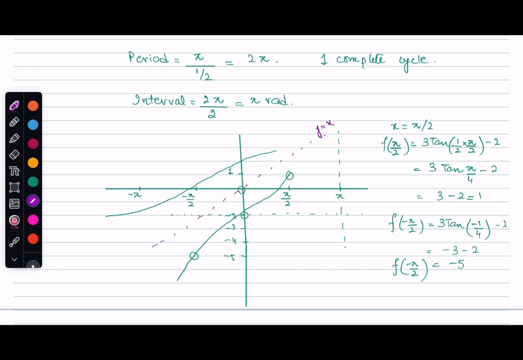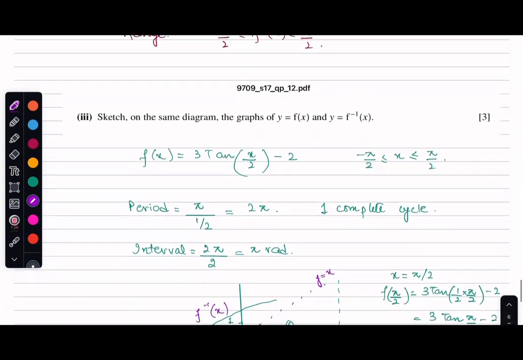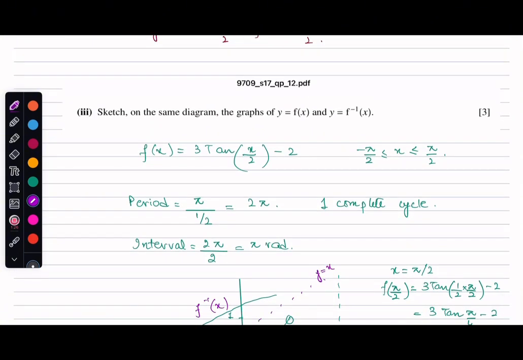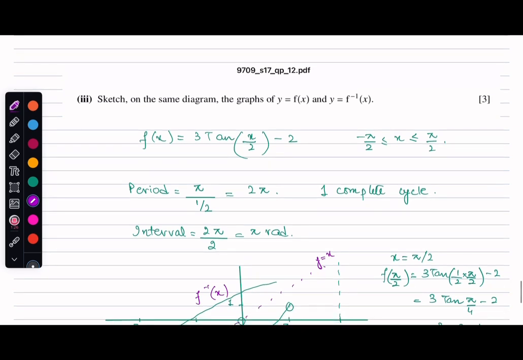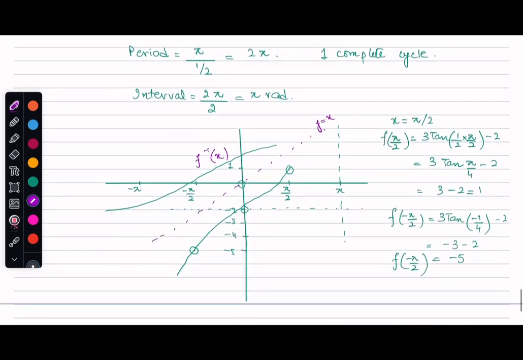And then if I sketch the inverse function, this is how the sketch is going to be, just a reflection of the original f of x curve along the line y equals x, to give us the inverse function, which is f inverse x here. So the question says, sketch on the same diagram both the graphs of y equals f x and f inverse x. So this is how this needs to be drawn.